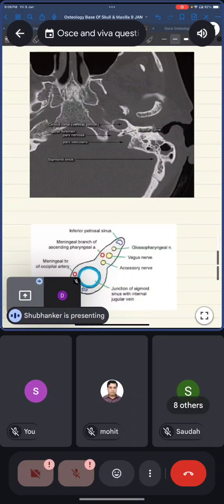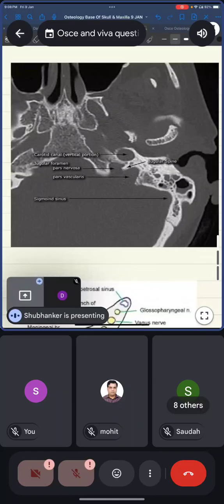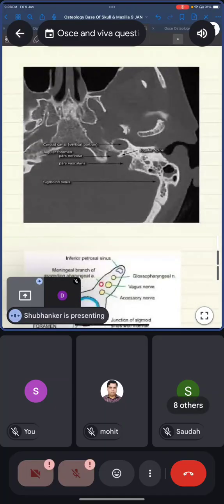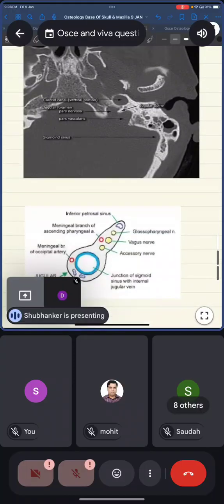Now this is again an important CT section where any of these can be masked as X, Y, Z, and you might be asked to please identify. You identify what is X and what structure passes through X. So this section, please, it's important. Please don't miss it.